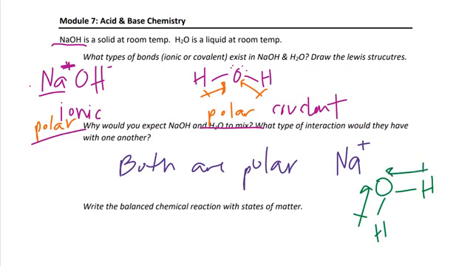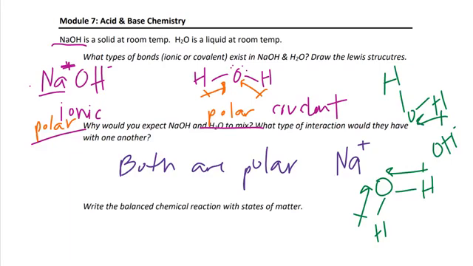And then my slightly positive hydrogen is going to be attracted to the OH minus from the hydroxide. So my hydrogen from my water is going to be attracted to my OH minus.